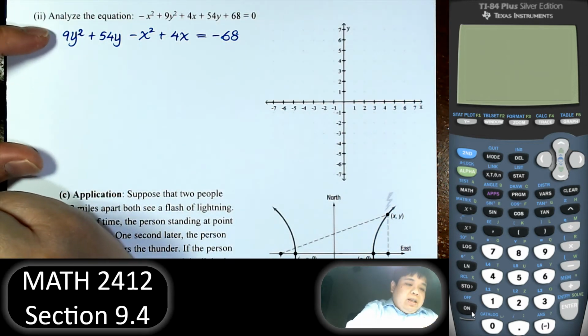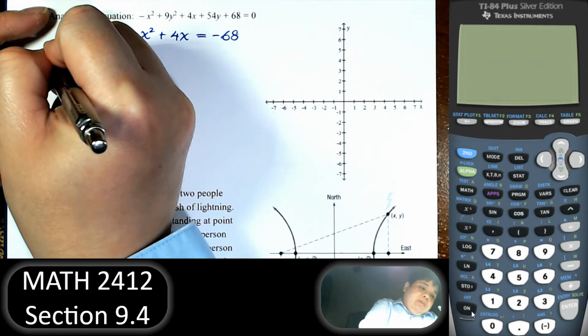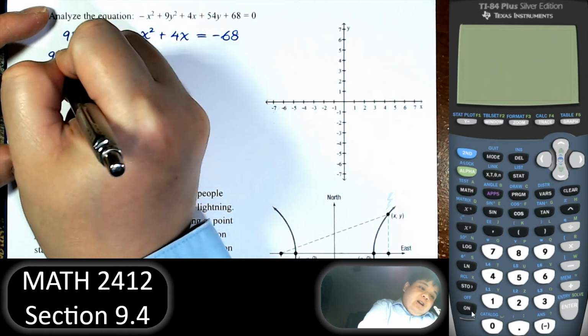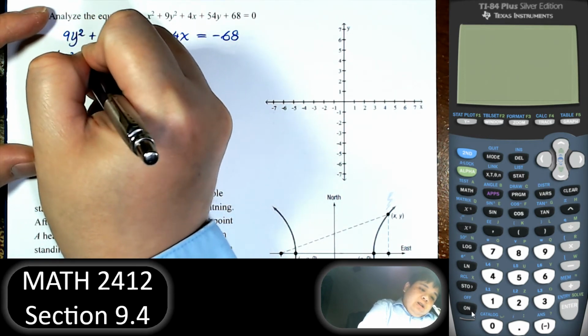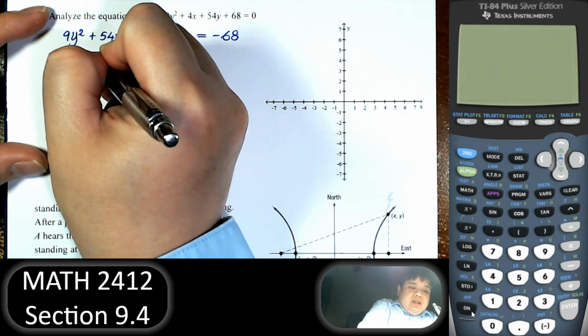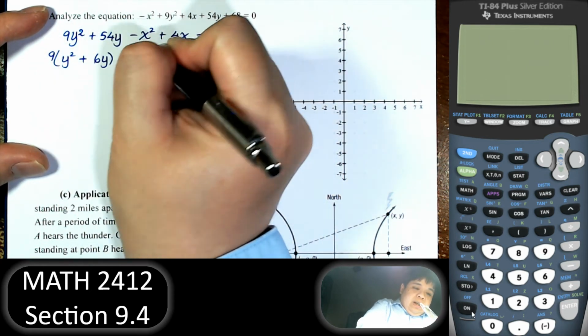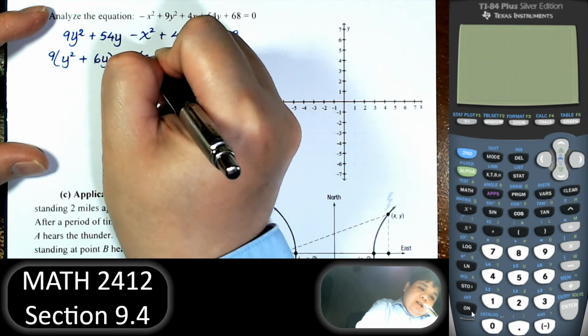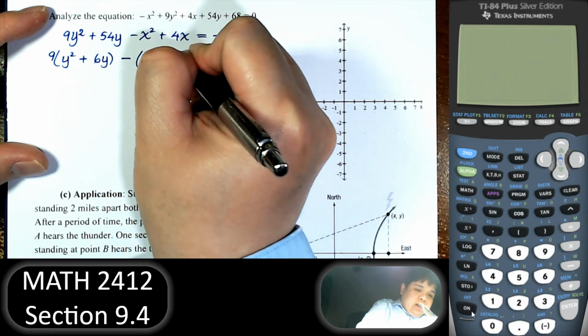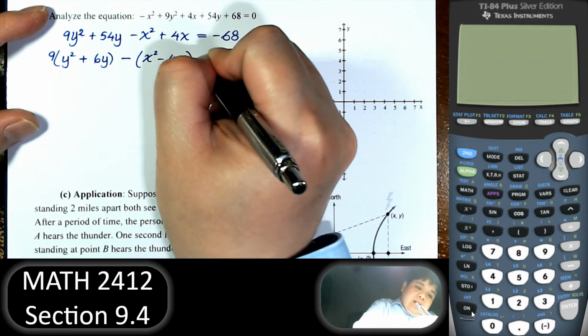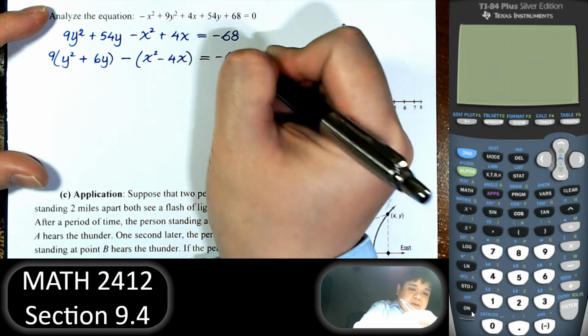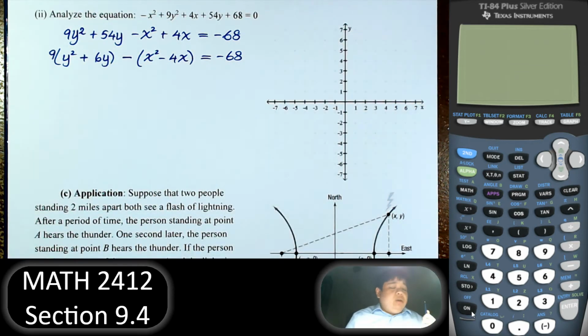Right, next, to do the completion of the square, before we do that, let's factor out the 9. That gives us y squared plus 6y, and factor out the minus: x squared minus 4x, still equal to negative 68. Now we still do the completed square.